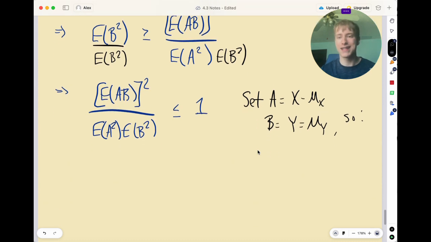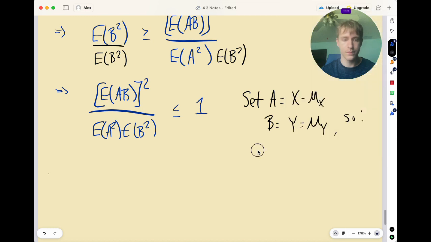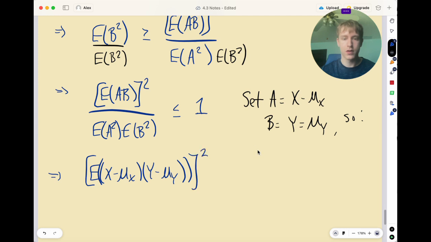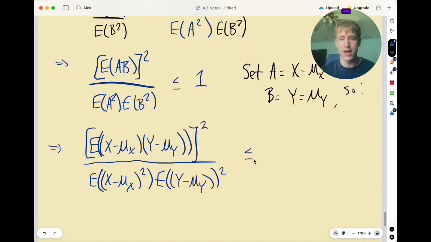Okay, so now we get the statement that the expected value of (x minus mu x) times (y minus mu y), in parentheses, squared, all divided by the expected value of (x minus mu x) squared times the expected value of (y minus mu y) squared has to be less than or equal to 1.